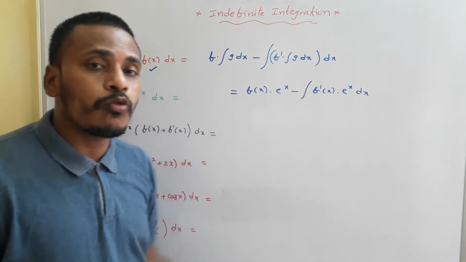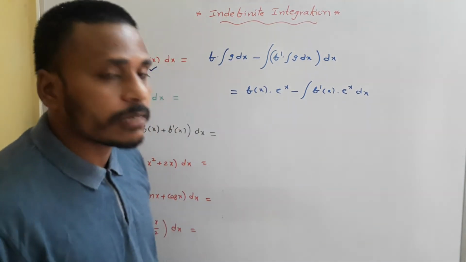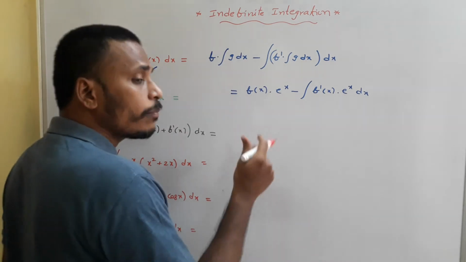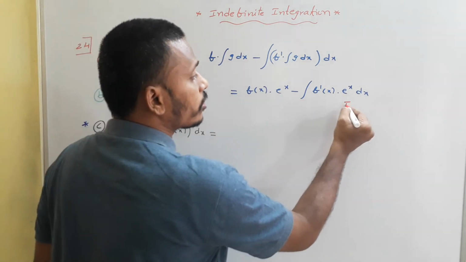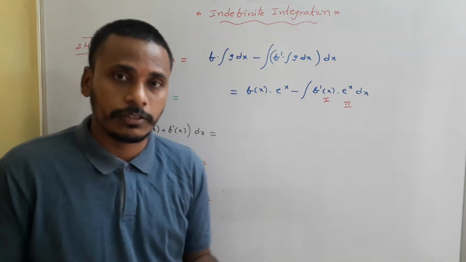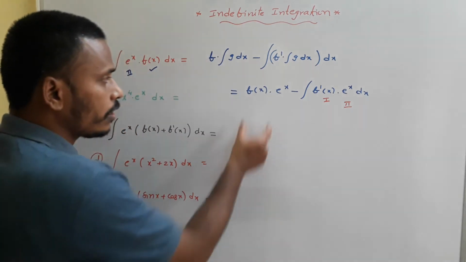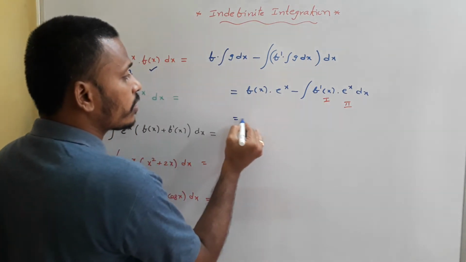Since again we have two functions, we need to use integration by parts again. Again using ILATE, E is exponential and that represents the second function. So e^x is the second function and f'(x) is the first function. This part remains the same and we use integration by parts for the second one.